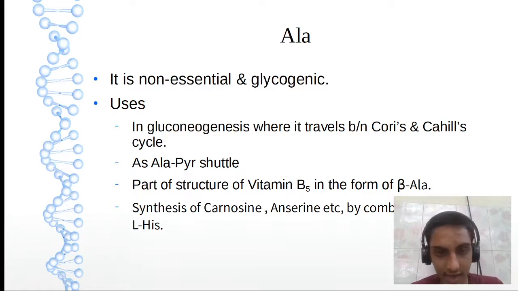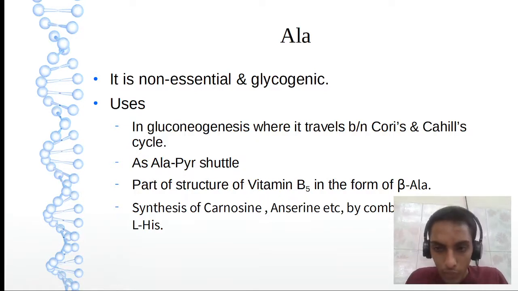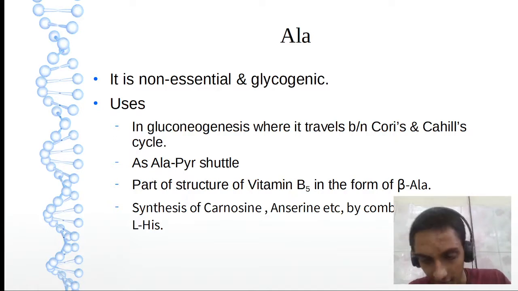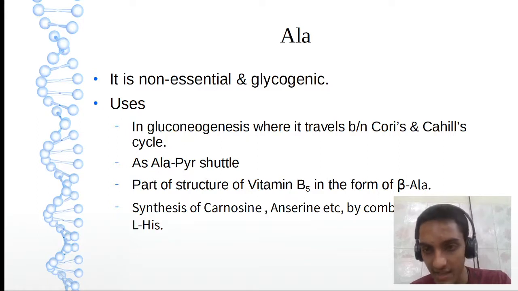Cori cycle occurs in the muscle, Cahill cycle in the liver. So what is happening when we are doing exercise in the gym? What is happening is that glucose in the muscle is undergoing glycolysis to form pyruvate, and here glucose 6-phosphate interconvertibly forms glycogen.